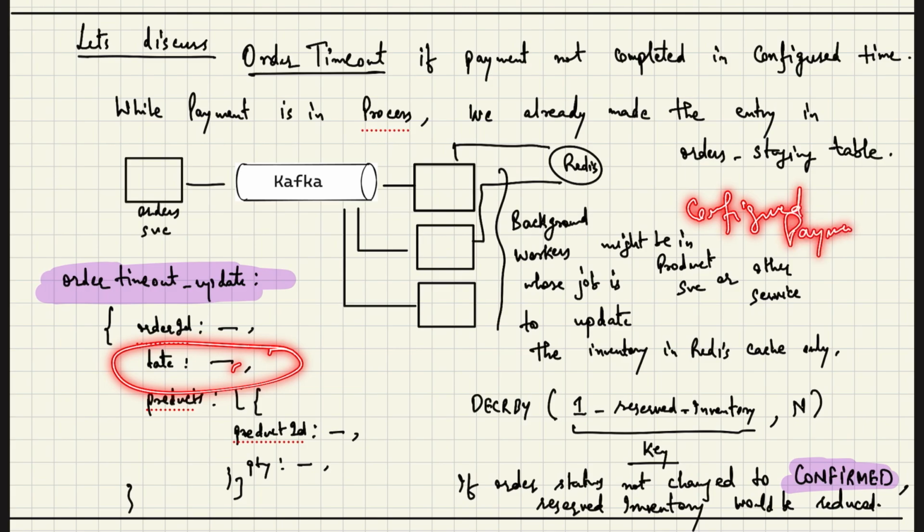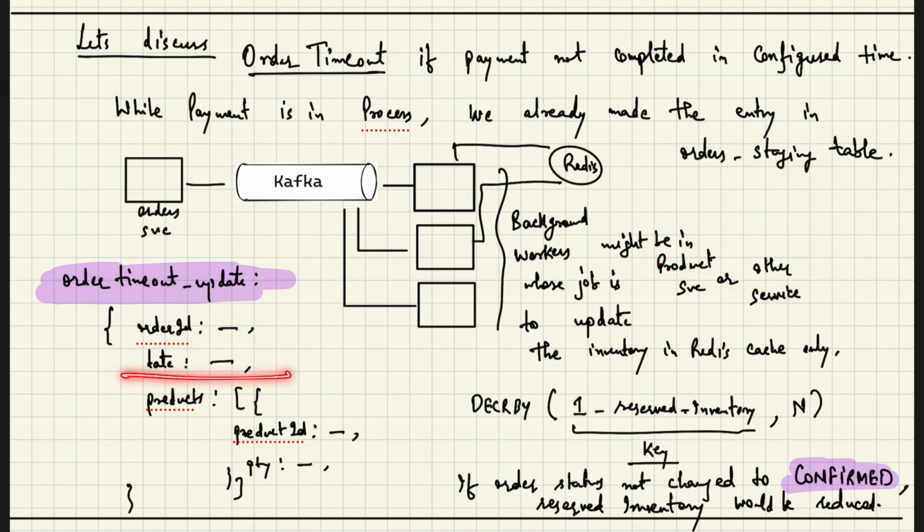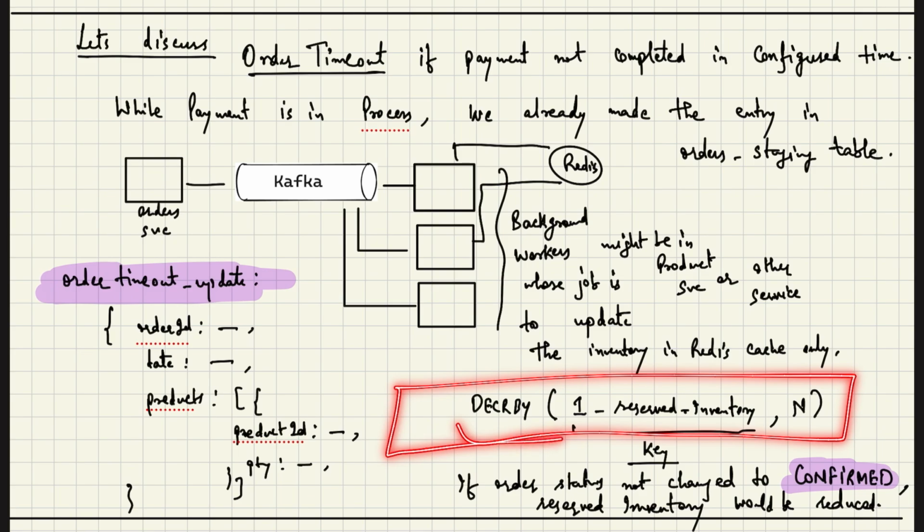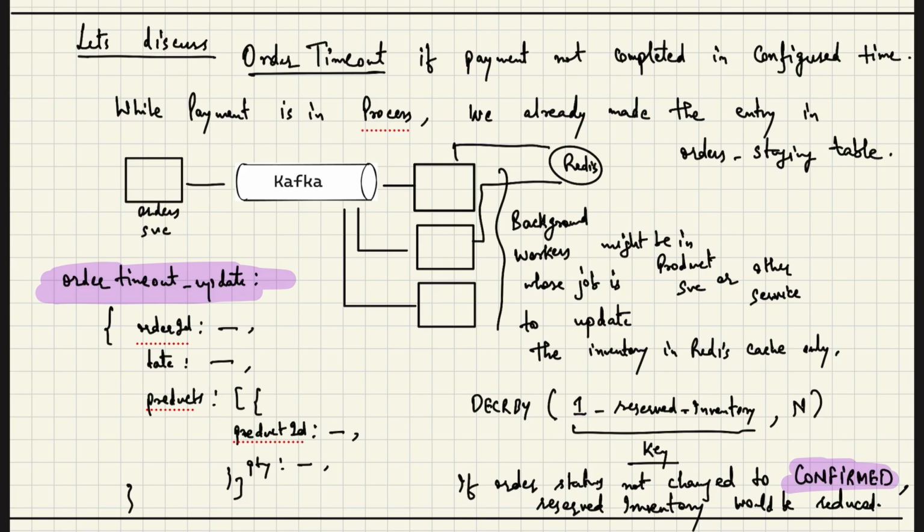If the timeout time has passed, the background workers would execute this job and decrement the inventory of that particular product. That is how we make the order time out while the payment is in process.